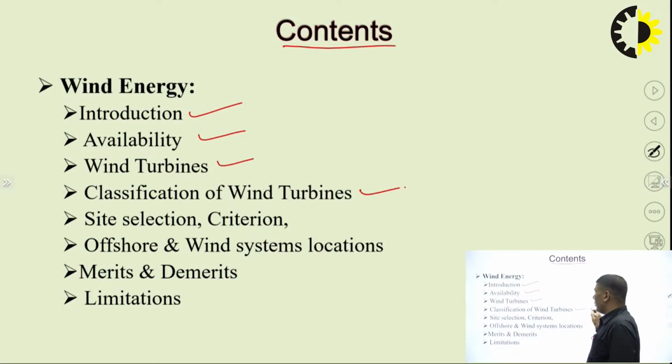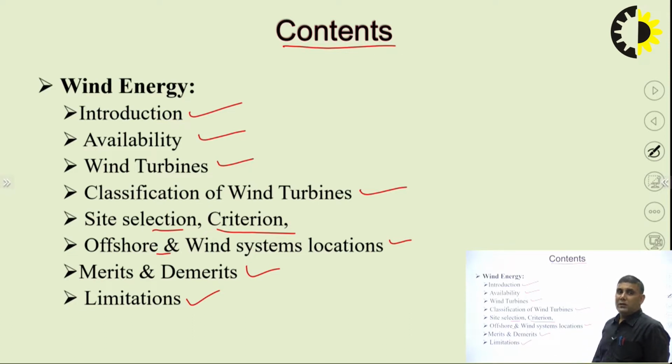Then a brief introduction about the classification, then the site selection and the criteria which should be met to set up a windmill or wind power plants. At last I will discuss offshore and wind system location, along with some merits, demerits and limitations of the wind energy system. So let us start the discussion one by one.